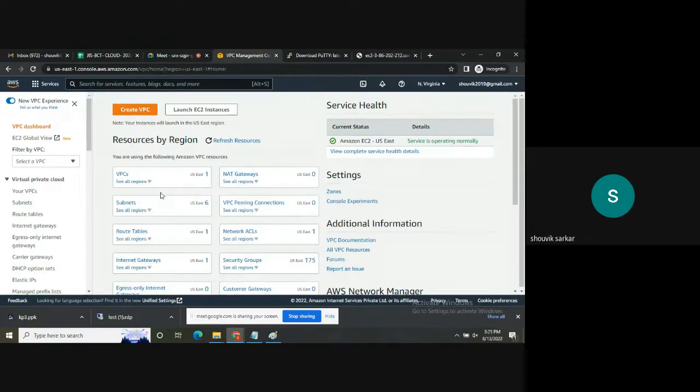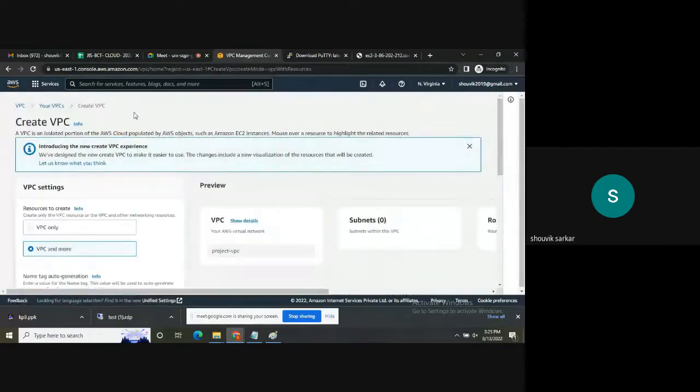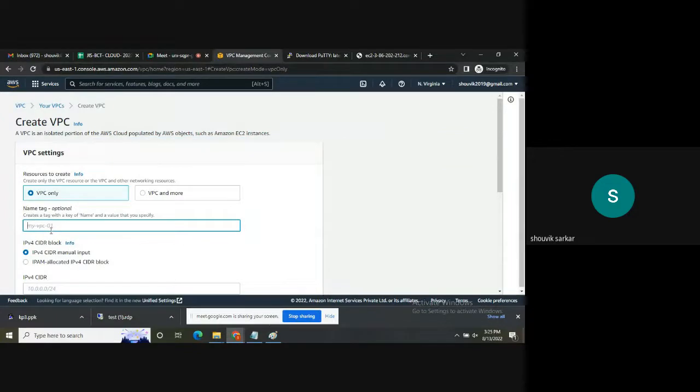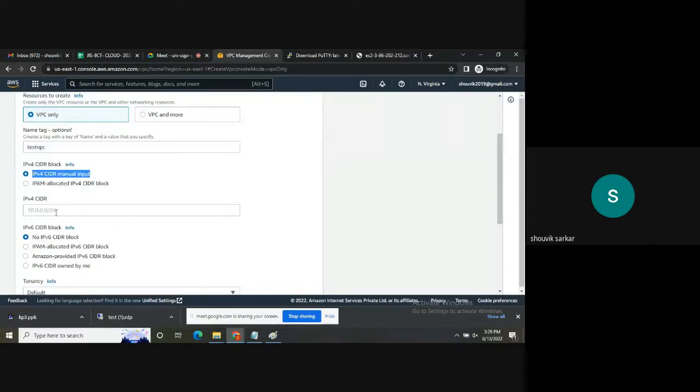So how do we create a VPC? Just go to the create VPC option and select VPC only. Write down a name like test VPC. We need to mention the IPv4 CIDR as manual input, with an option like 10.0.0.0/24.